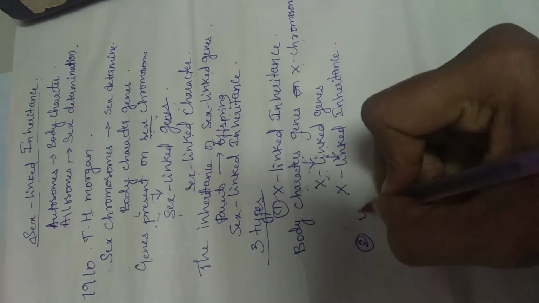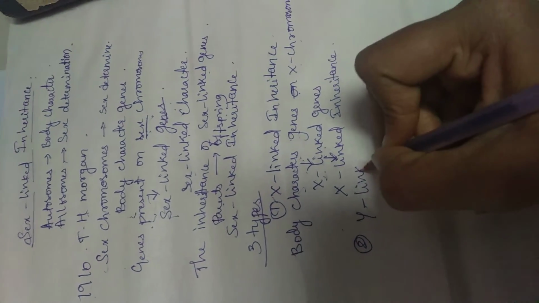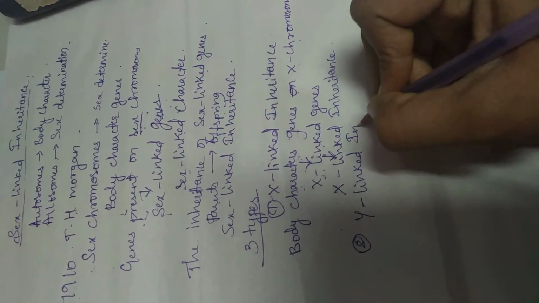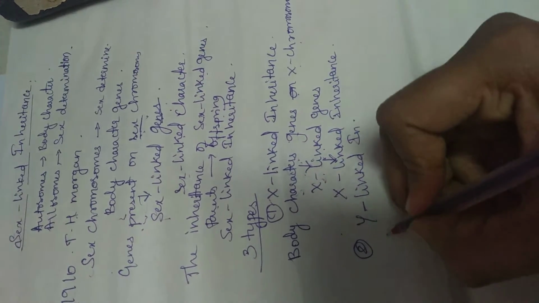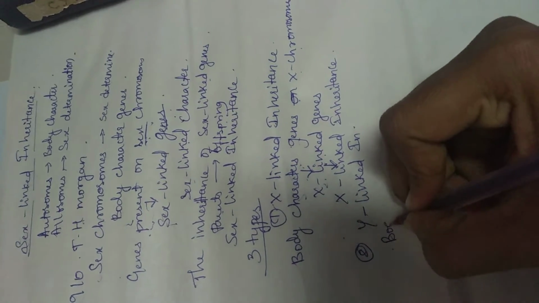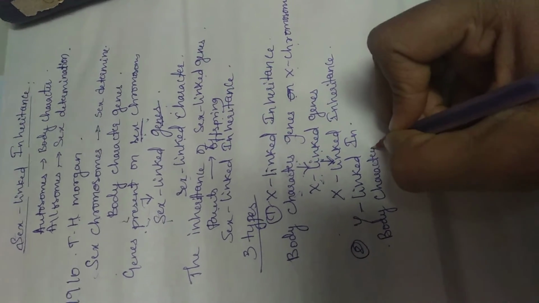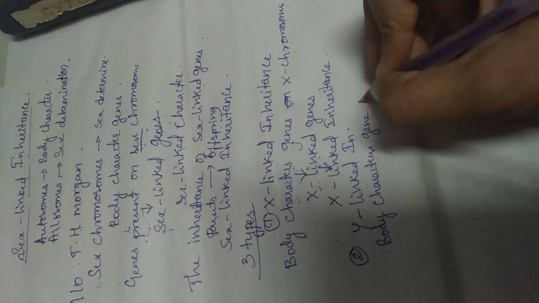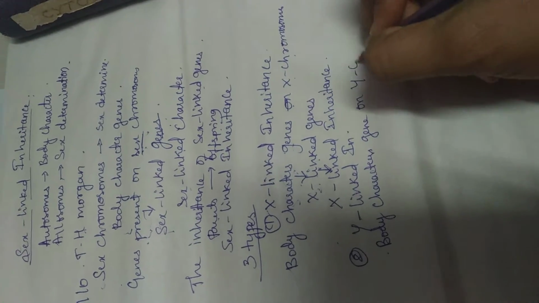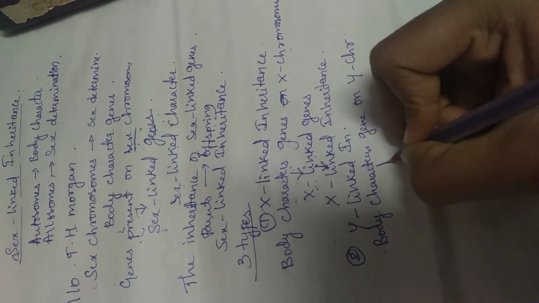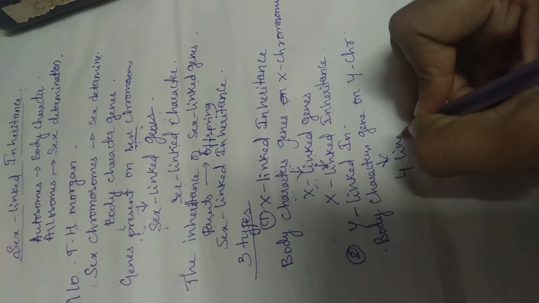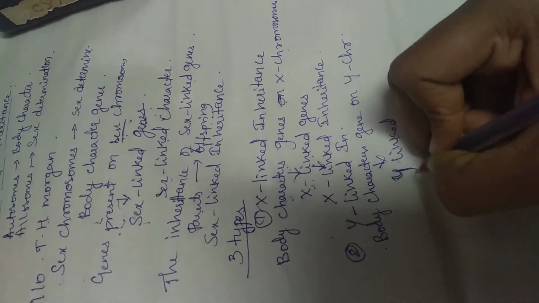Then the second one is Y-linked inheritance. In Y-linked inheritance, the genes controlling body characters are present on the Y chromosome, and these are known as Y-linked genes.